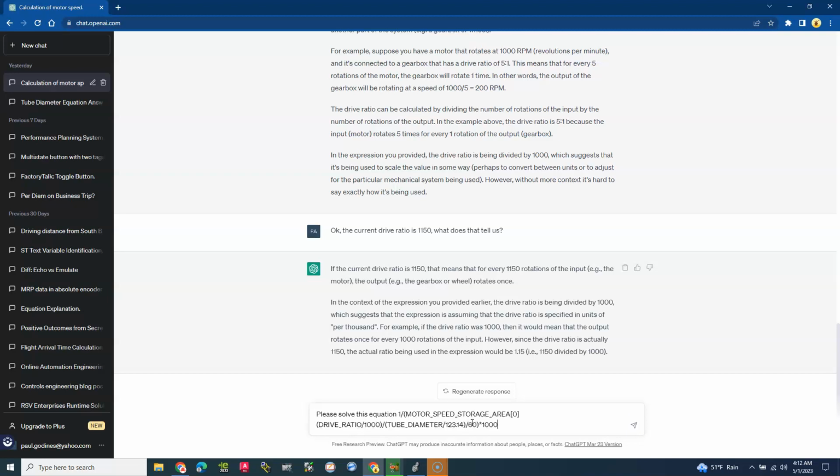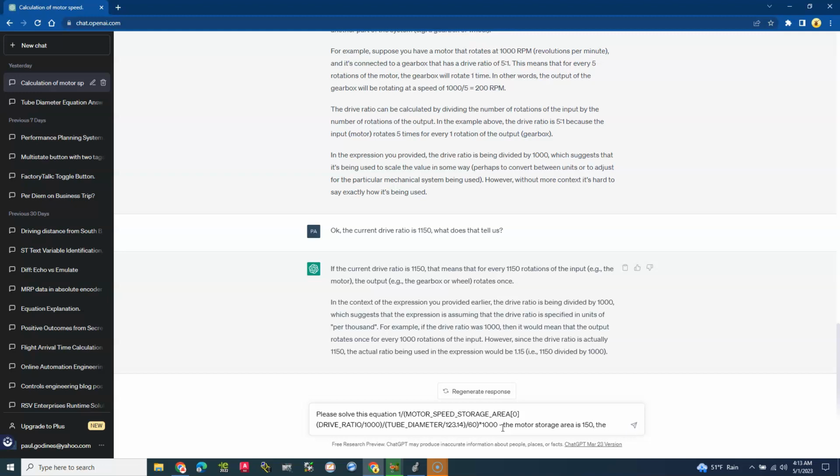We know that our 150 is the motor storage area. The motor storage area is 150.